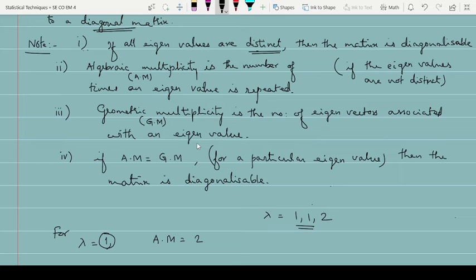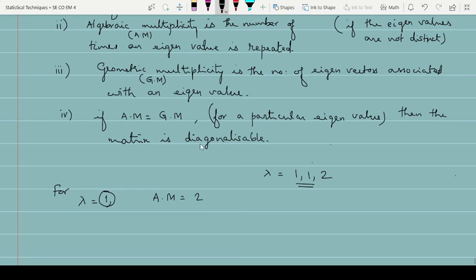That is the second point: algebraic multiplicity is the number of times an eigenvalue is repeated.